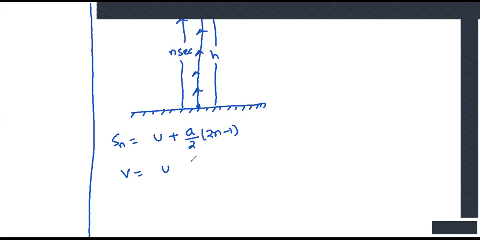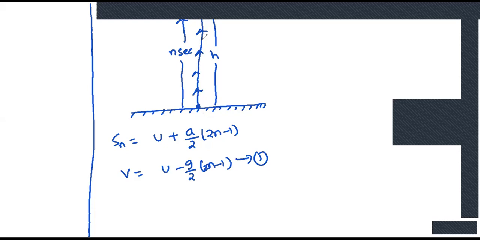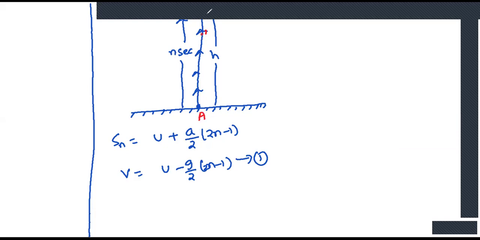Call this equation 1. Now suppose this is A, this is B, and this is C. A to C is nth second, and A to B is n minus 1 second.